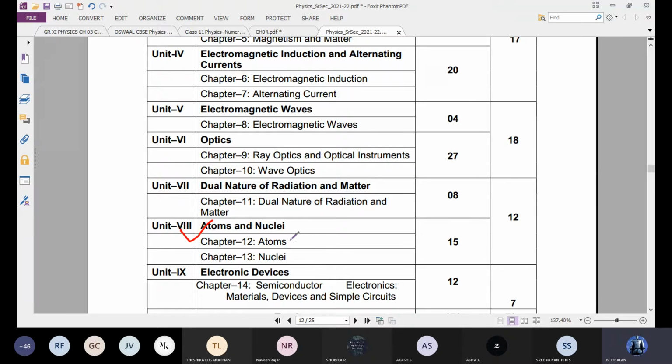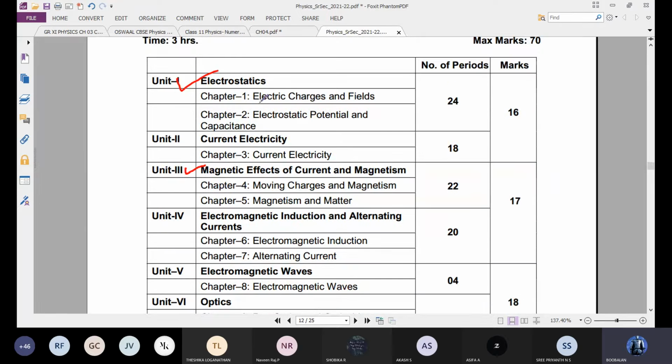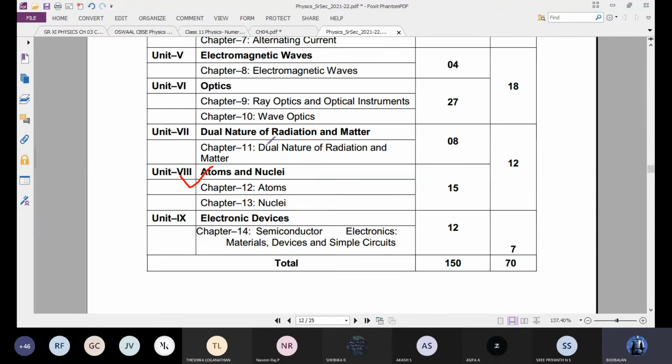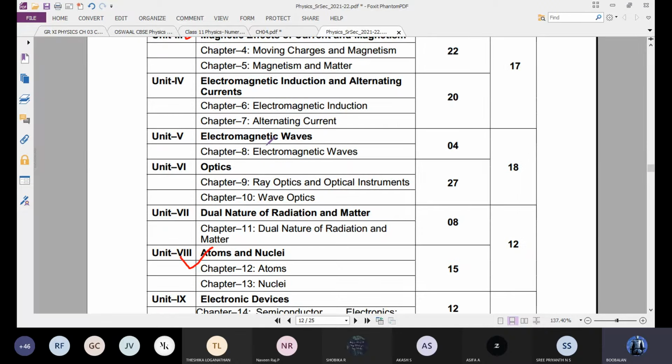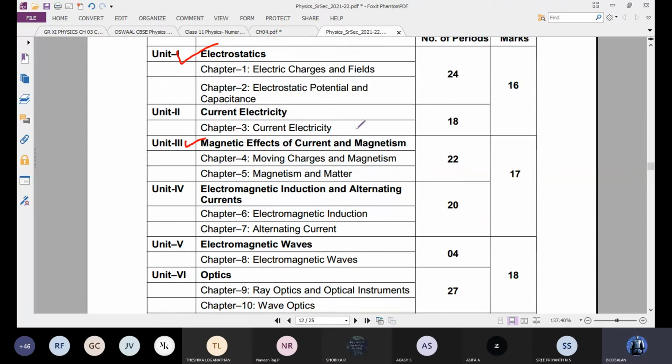So 2, 4, 5, 6. 7th chapter, maybe it is in current electricity. It is not that.